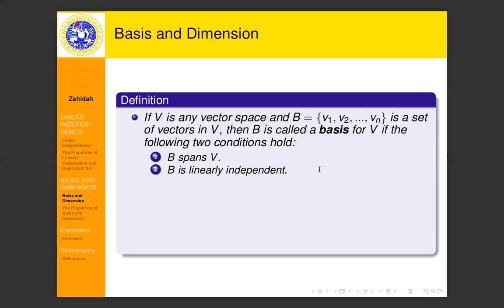So you have to check two conditions here. First, you have to show that B spans V, and B is linearly independent.